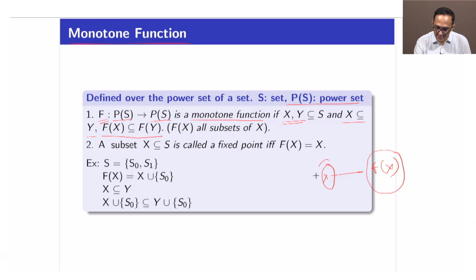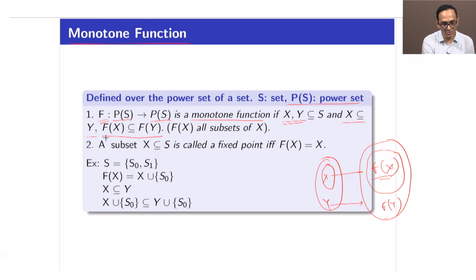Now you take another set y, where x is a subset of y, and it maps to f(y), where f(x) is also a subset of f(y). So if you map x to f(x) and y to f(y) such that f(x) is a subset of f(y), and this holds for any subsets x and y, then I will say this is a monotone function.